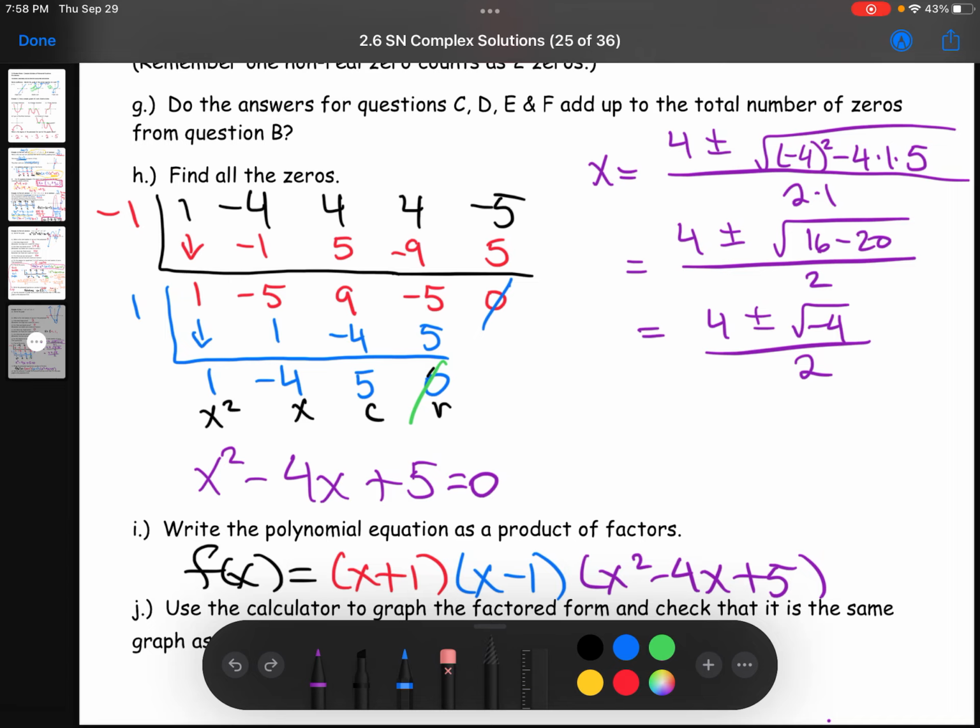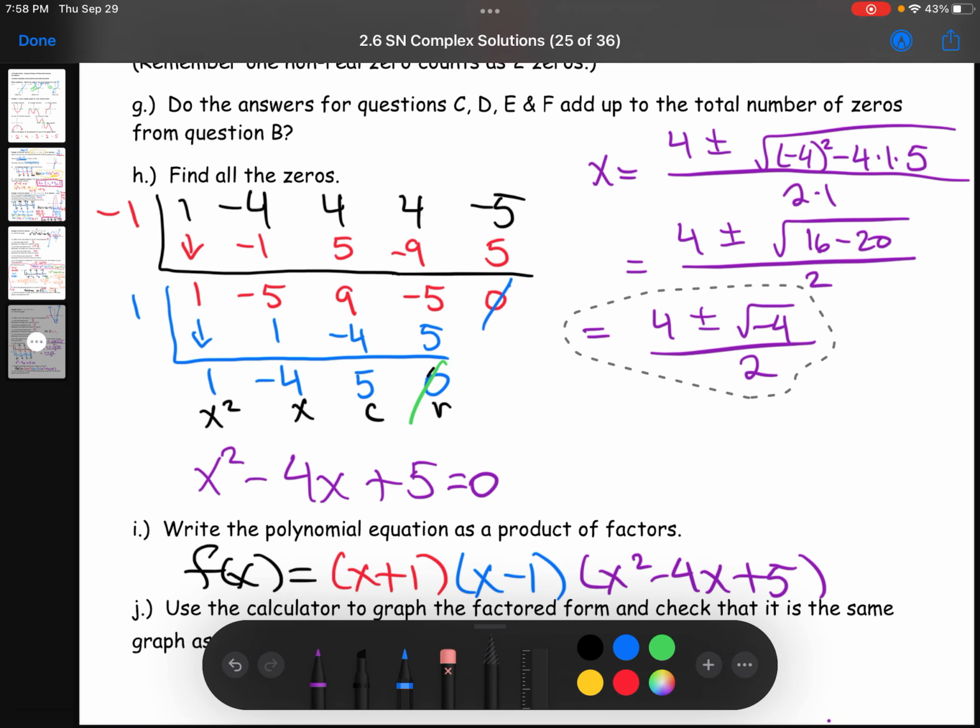Now, that square root of -4 we need to work on. It's a negative, so it's going to have an i. And when we take the square root of 4, we get 2. So this is 2 plus or minus 2i all divided by 2.